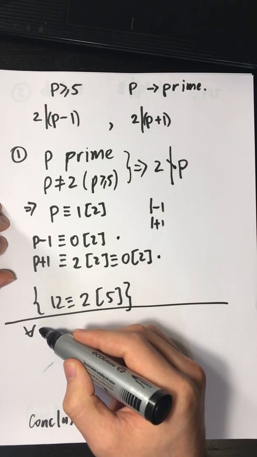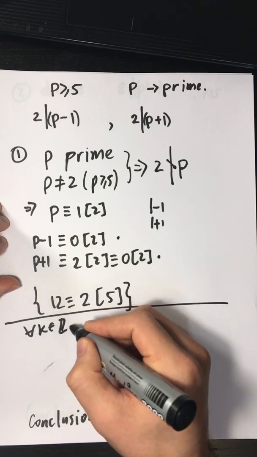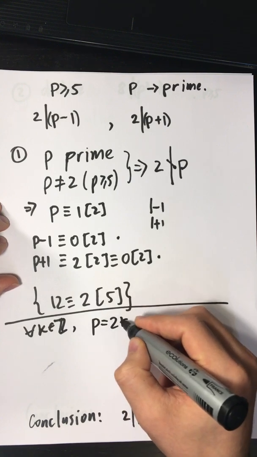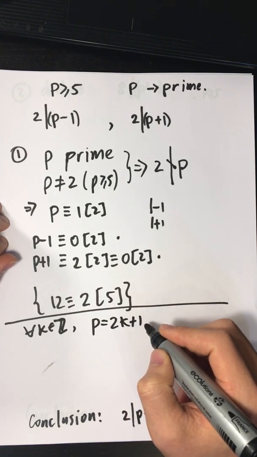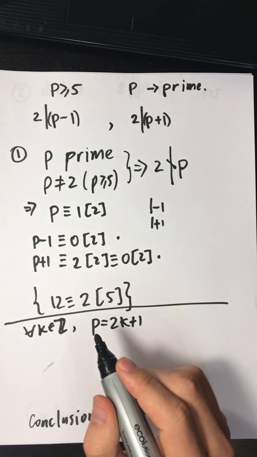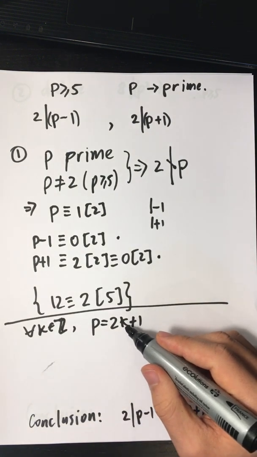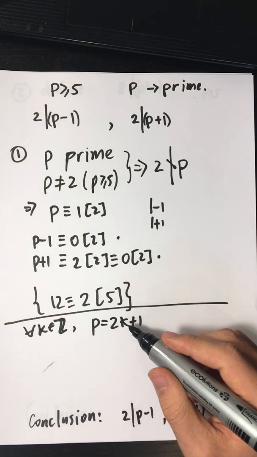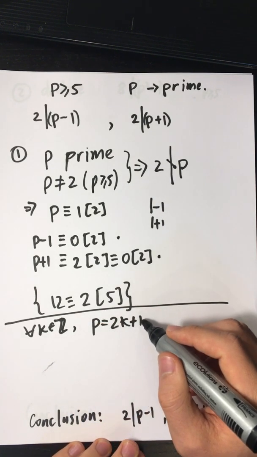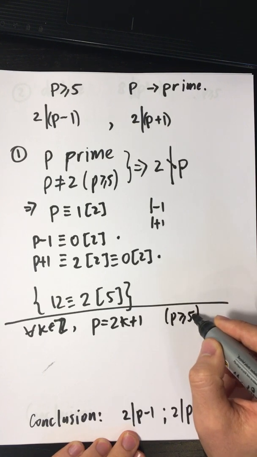Also, for all k which is an integer, you can say p is equal to 2k plus 1. K must be an integer. So p can be written as 2k plus 1, because p is not 2 and p is more than or equal to 5.